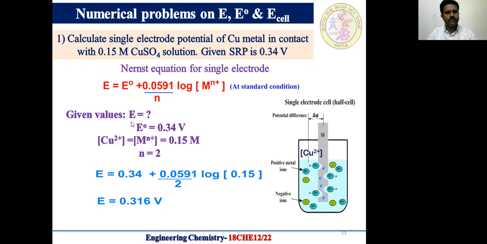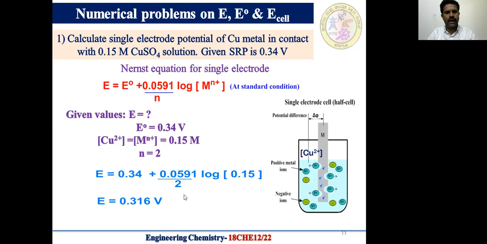So the given values: E naught, standard electrode potential of copper, is equal to 0.34 volt, and concentration of copper 2 plus ions, that is Mn plus, is equal to 0.15 molar, and the number of electrons is equal to 2. So if we substitute the given values in the Nernst equation, E is equal to 0.34 plus 0.0591 divided by 2 log 0.15.